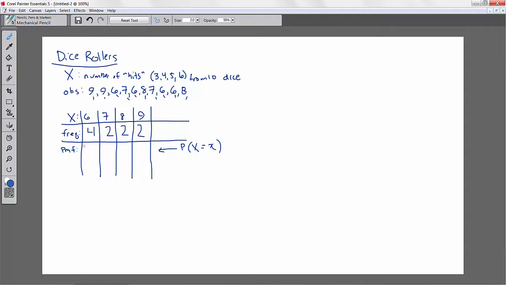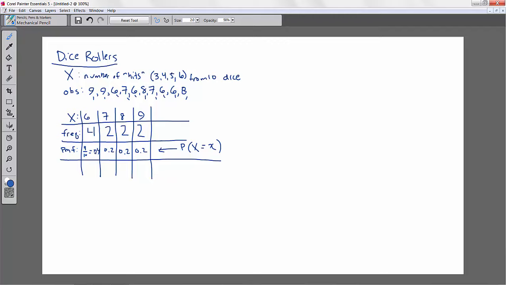So the corresponding probability mass is 4 out of 10, or 0.4. Similarly, the probability that x takes on a value 7 is 0.2. Probability it takes on 8 is also 0.2. And the probability it takes on a value of 9 is also 0.2.